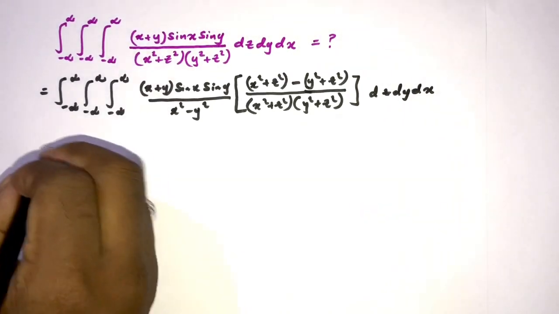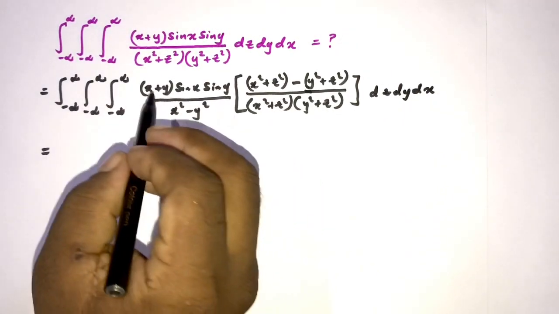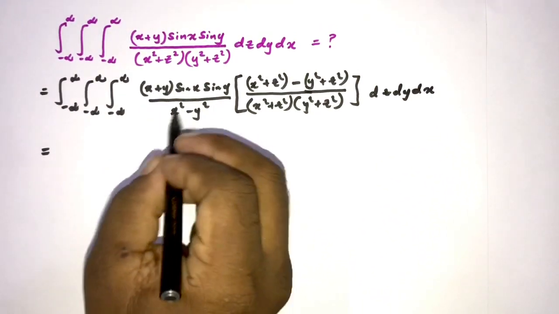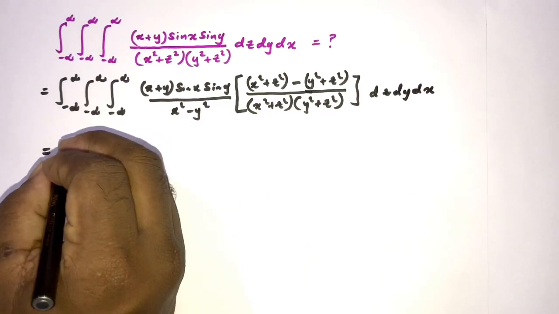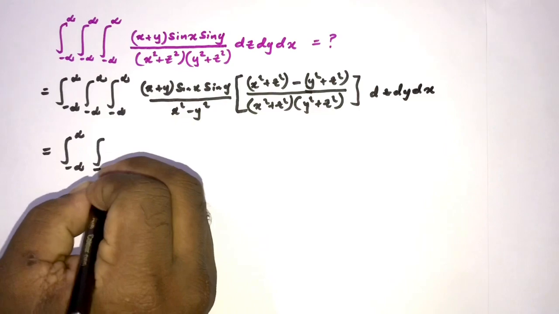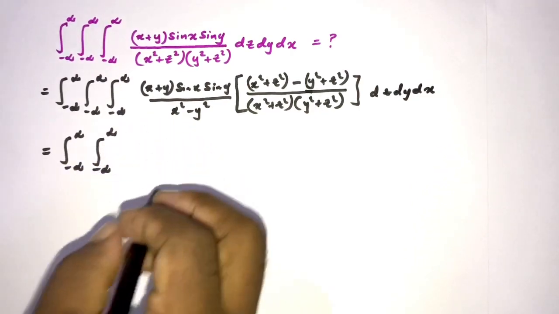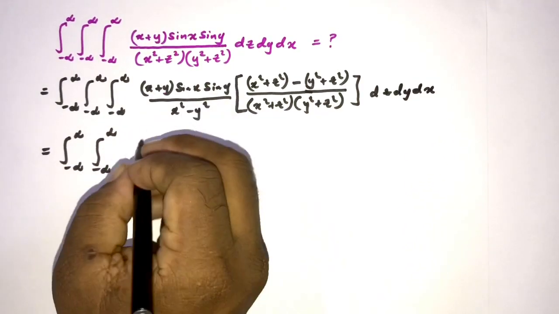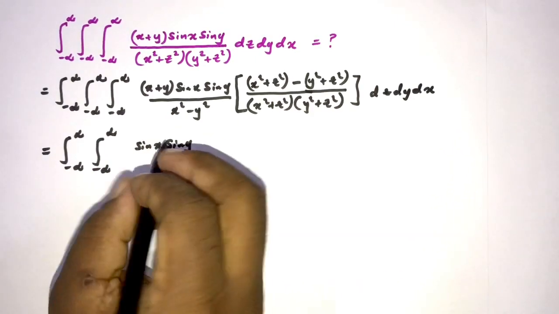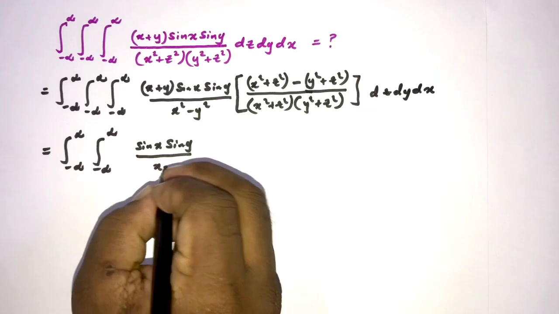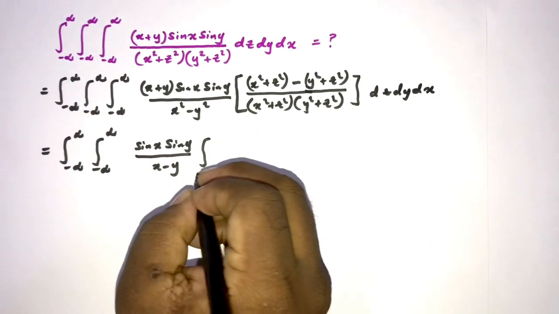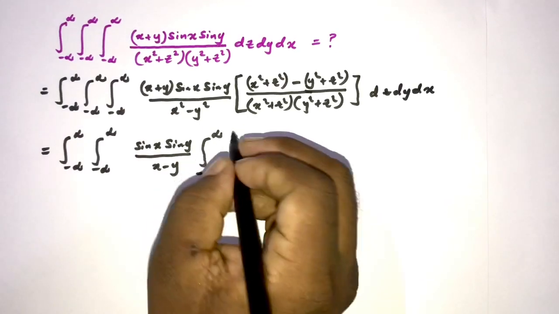Okay, then as a next step, we know here x plus y get cancelled because in the denominator we have a difference of two squares. So we can write now integral from minus infinity to infinity, again minus infinity to infinity, here now x plus y get cancelled, so sine of x sine of y over x minus y, and again integral from minus infinity to infinity.